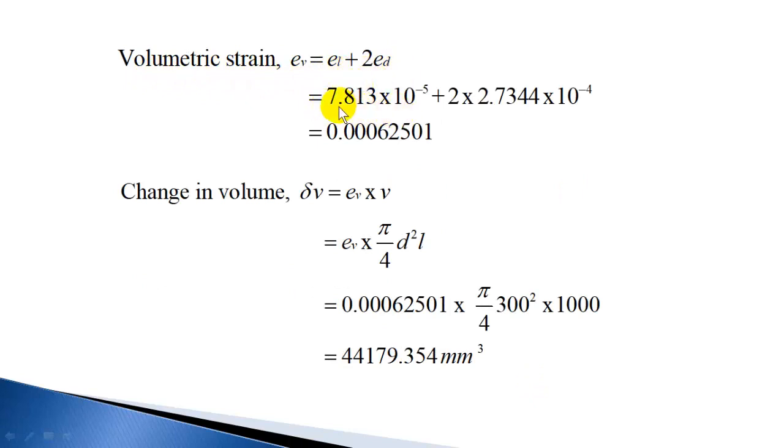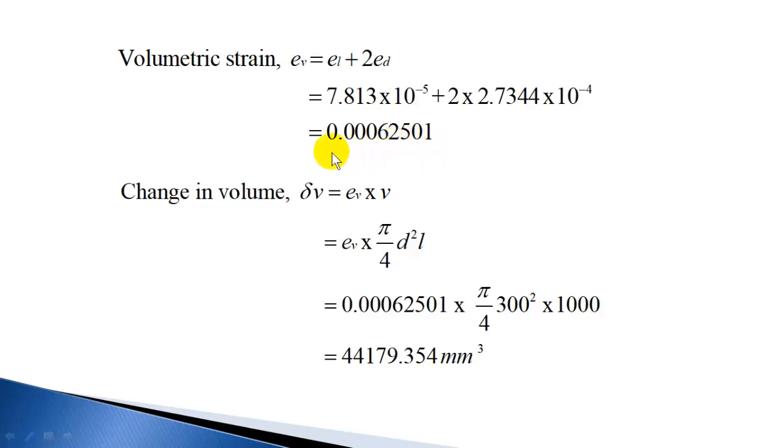Strain in length we got 7.813 into 10 raised to minus 5, plus 2 times diameter strain, 2.7344 into 10 raised to minus 4. So substituting EL and ED, you will get the volumetric strain as 0.0006251.